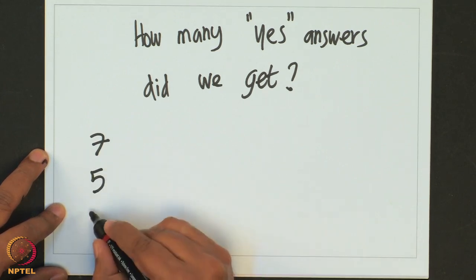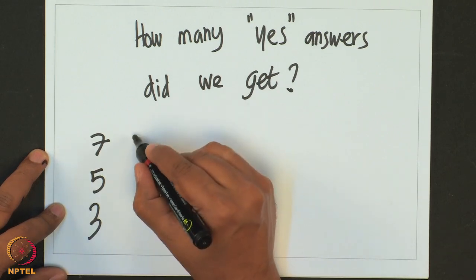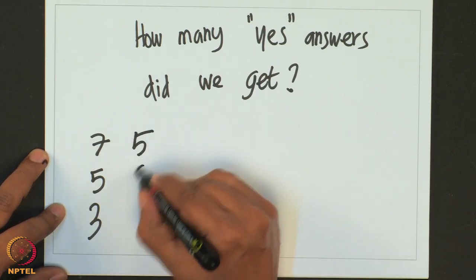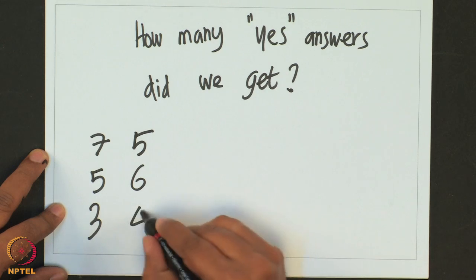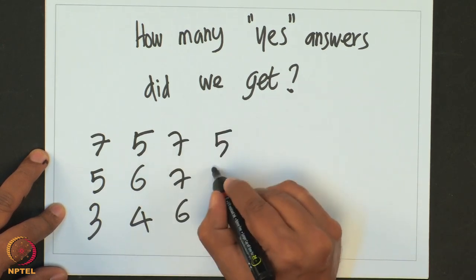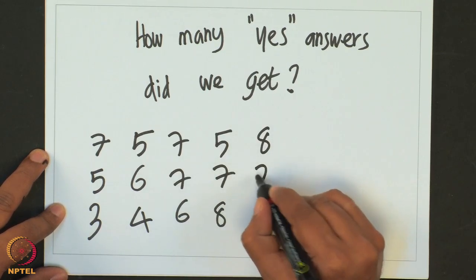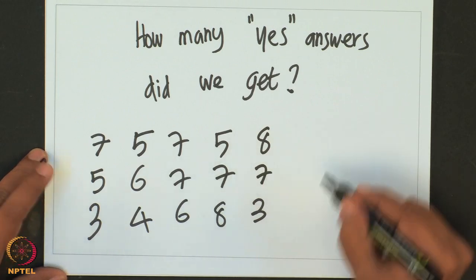Next time maybe 5, another time 3, you repeated the experiment, you got 5, again 6, 4, 7, 7, 6, 5, 7, 8, 8, 7, 3, and so on and so forth.